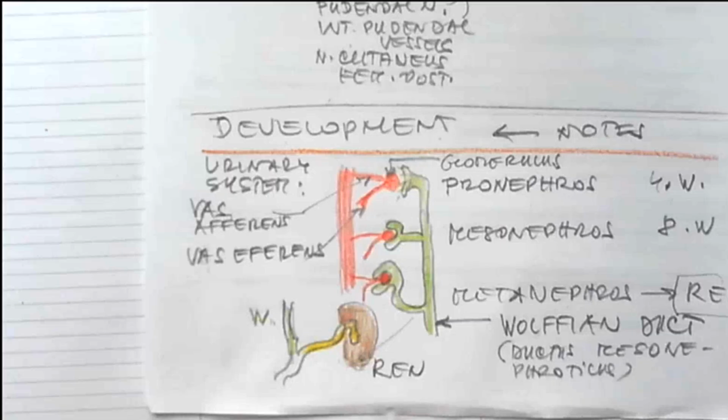So this, or we could say just remnants of mesonephros, correct, and then drawing the Wolffian duct plus the connection with the kidney, with the REN, like that.